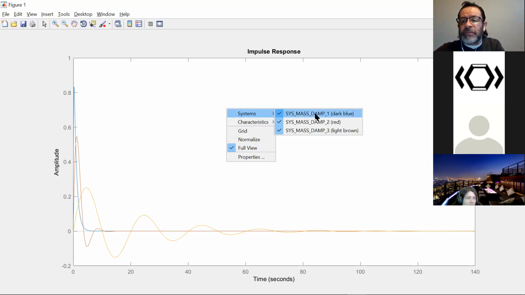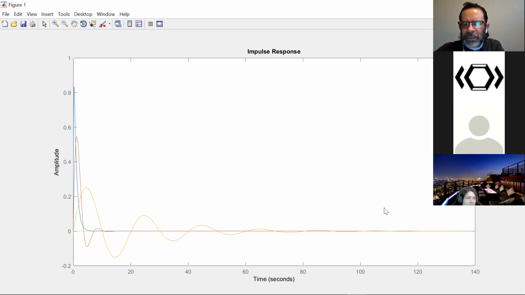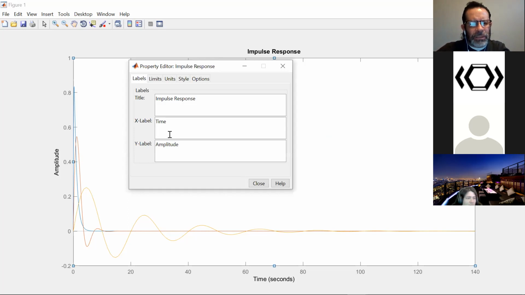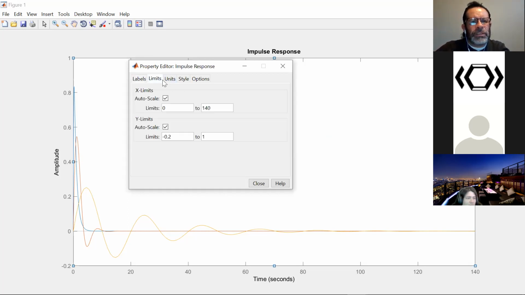So the mass of 0.5 is the dark blue. The mass of 1 is the red, and the mass of 10 kilograms is the light brown, which kind of looks orange here. I'm going to modify the time because 140 seconds is too much. I think I can give it around 40. I'm going to give it 40 seconds.